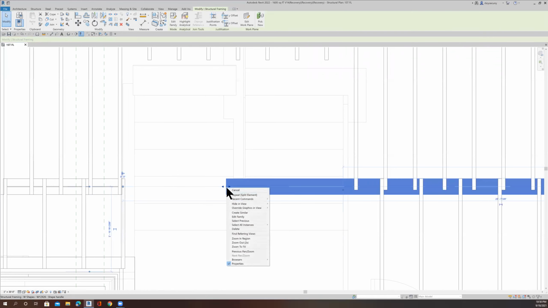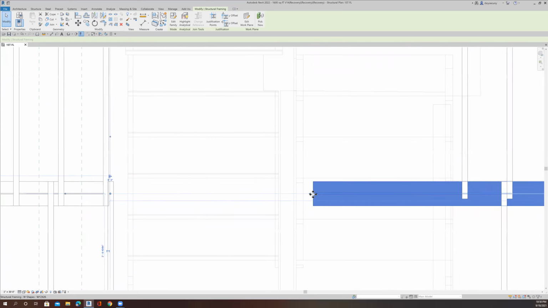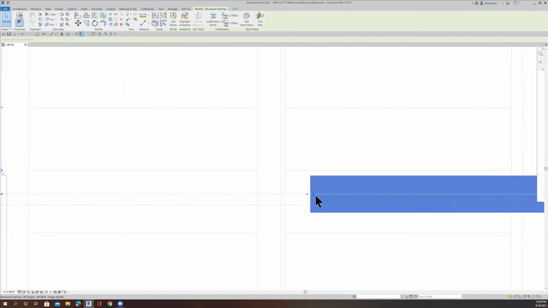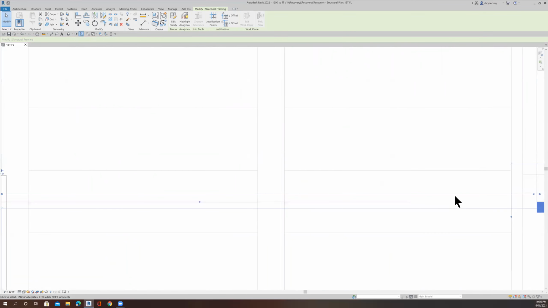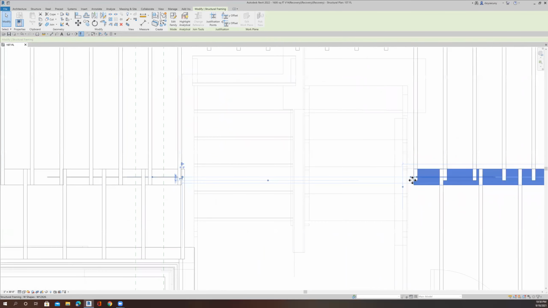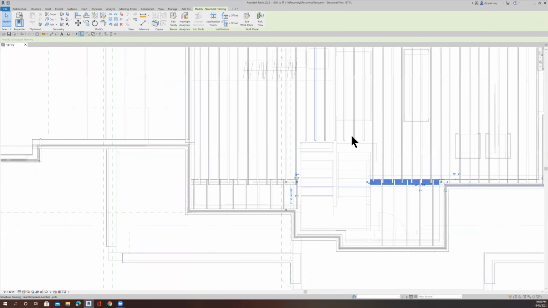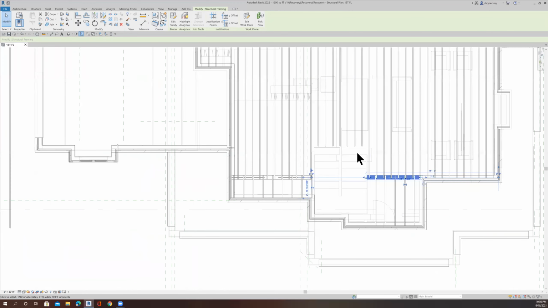Let's see. All right, seems to be working okay. I'll just drag it over. And eventually I'll come back in and make sure that the beam is correct in its location. But oh, and I'll probably have to put another beam or some, that's a long span.